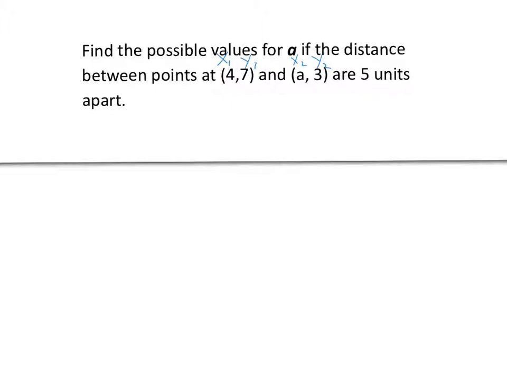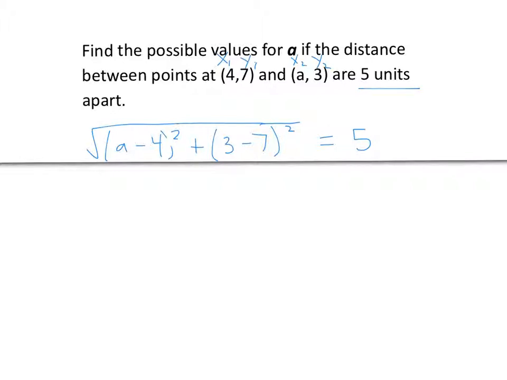So I will say the square root of x2 minus x1 would be A minus 4, the quantity squared, plus y2 minus y1, the quantity squared, and that is equal to the distance, which here they've given us is 5 units. So let's simplify this.